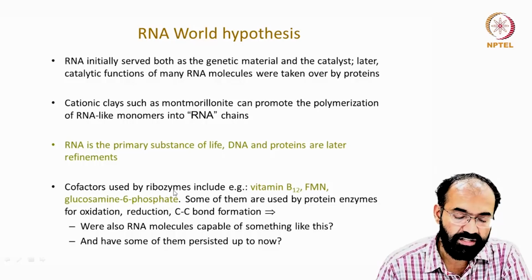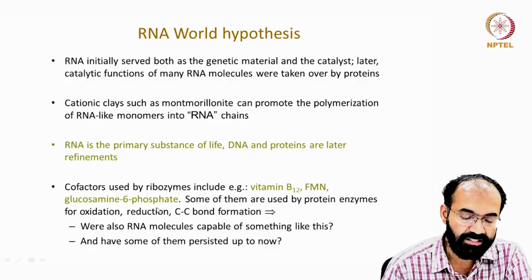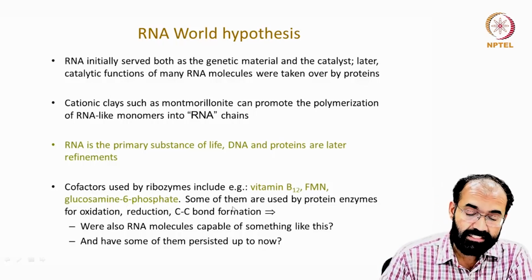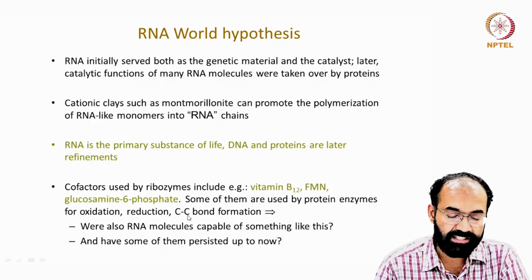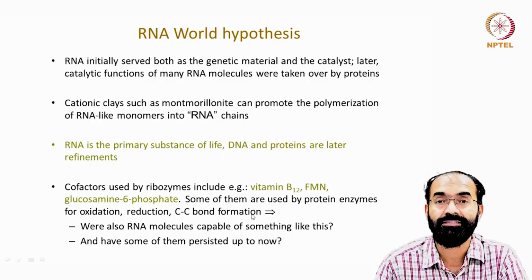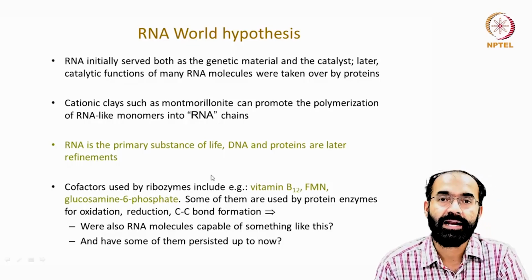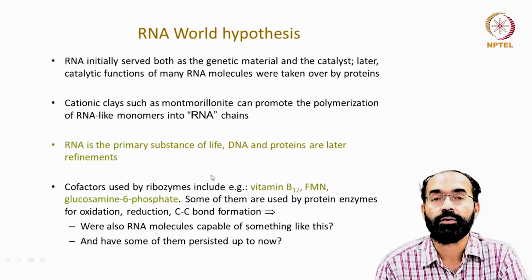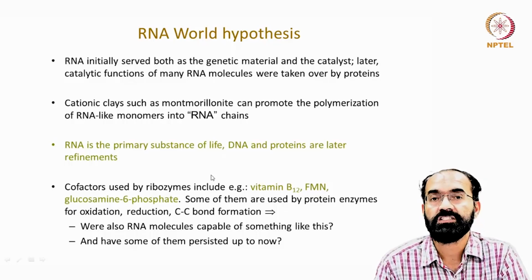Cofactors used in ribozymes include vitamin B12, FMN, glucosamine-6-phosphate, etc. Some of them are used by protein enzymes for oxidation, reduction and carbon-carbon bond formation even today. So what we should understand is that a lot of cofactors which RNA enzymes made use of are also being made use of by protein enzymes, and their role more or less remains the same.